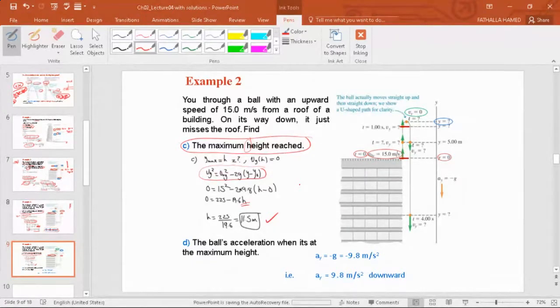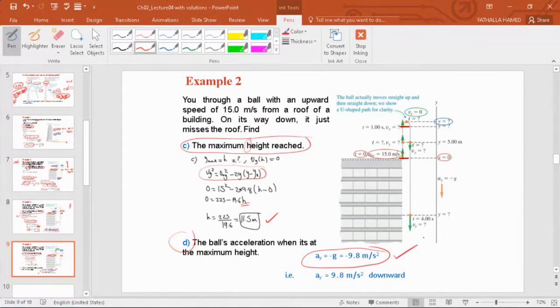In D, they ask you the ball's acceleration when it is at the maximum height. I told you that if an object is in free fall, you throw something, that's it, it's out of your hand, you're no longer in control. So it's under the action of gravity, which means the acceleration at the maximum height, ay, will equal minus g, which is equal to minus 9.8 meters per second squared.